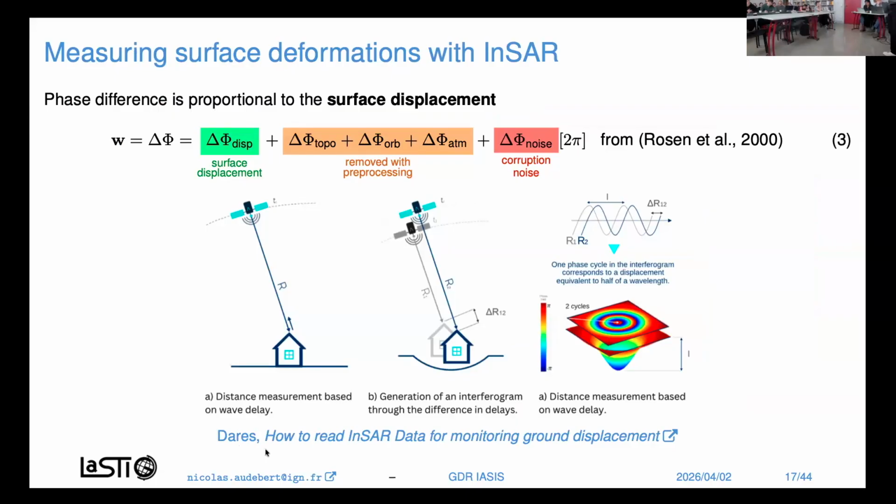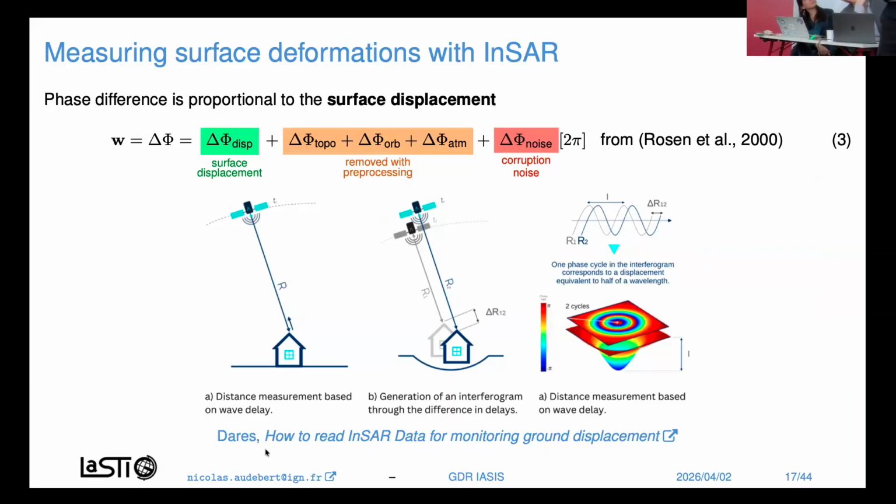Another inverse problem that's very common in remote sensing is removing noise in images and observations. One example of that is in SAR. I'm not an expert on SAR, but I'm sure that Flora will have plenty of radar illustrations to give you in her keynote. But one thing that you can do with SAR is interferometry, which gives you an estimation of how much the surface that you are observing has moved between two acquisitions.